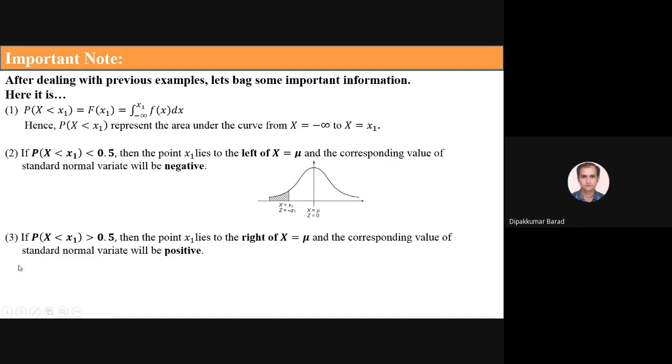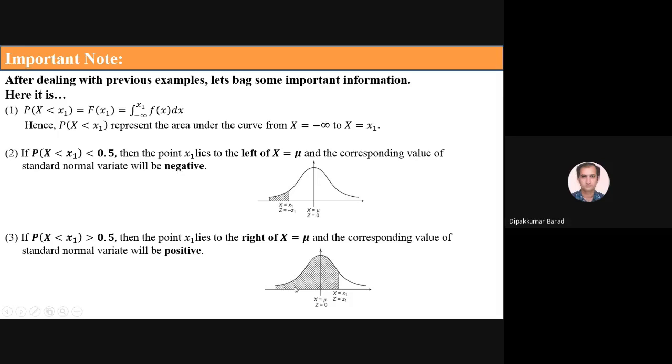Now if this probability of x less than x1 is greater than 0.5, then x1 lies to the right of x equal to mu, and the corresponding standard normal variant you always get positive. And you can see here, this is right, greater than 0.5.